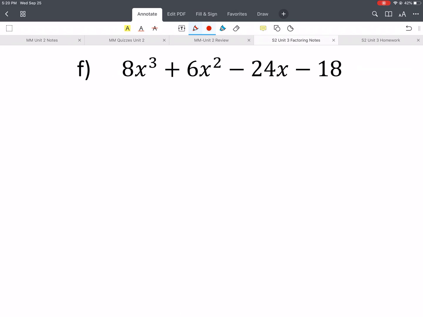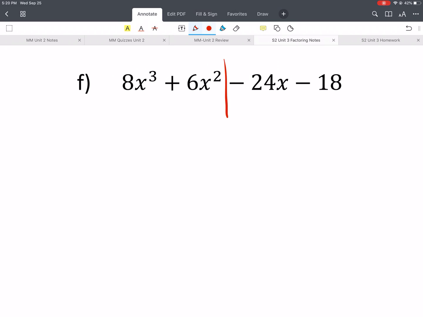And finally, F, group, cut it in half. Greatest common factor here: you could divide 8 and 6 by 2, and then we could take out an x squared. And then we would end up getting 2x squared times 4x plus 3.